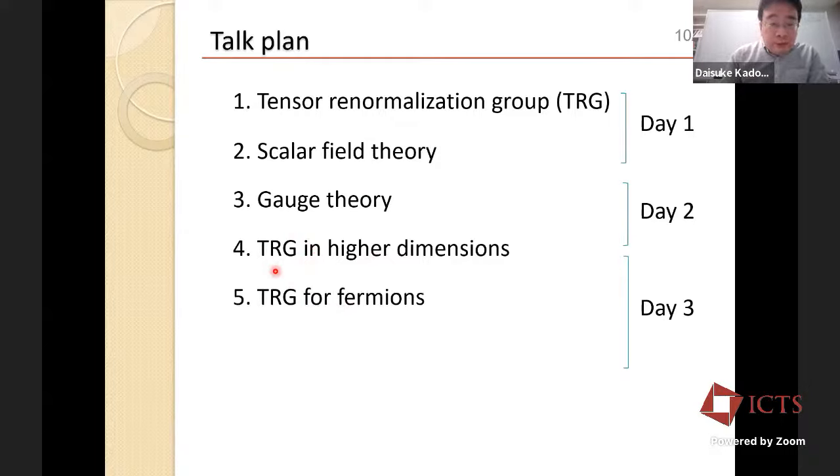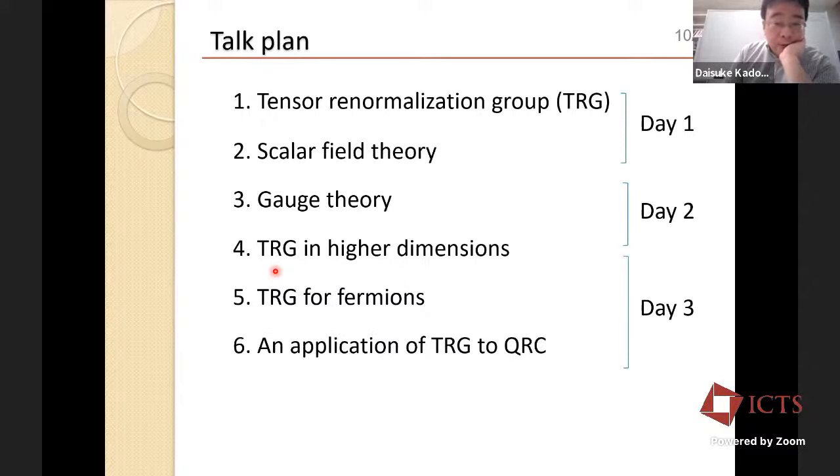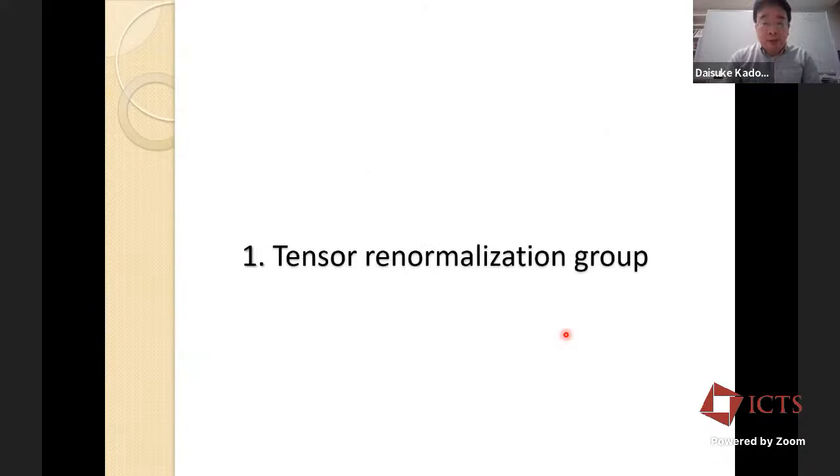Then I will be explaining how to handle fermions in TRG method. And if we had time, I will be explaining recent progress, which is an application of TRG to quantum Regge calculus, which is a model of quantum gravity theory. And finally, I summarize.